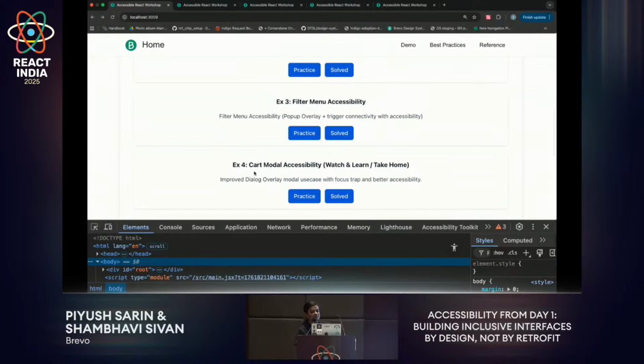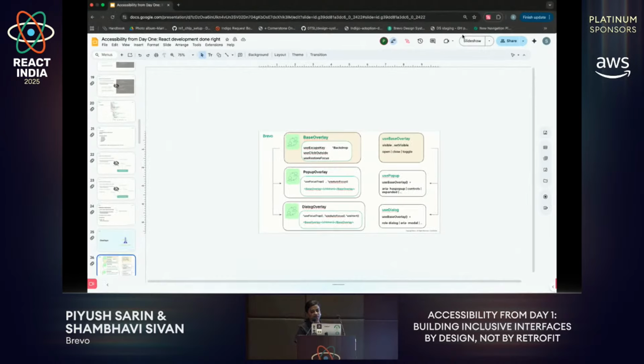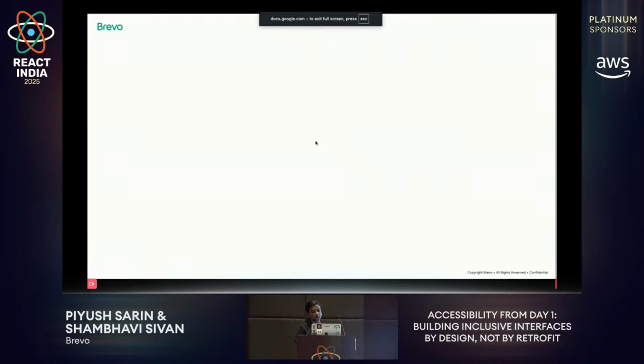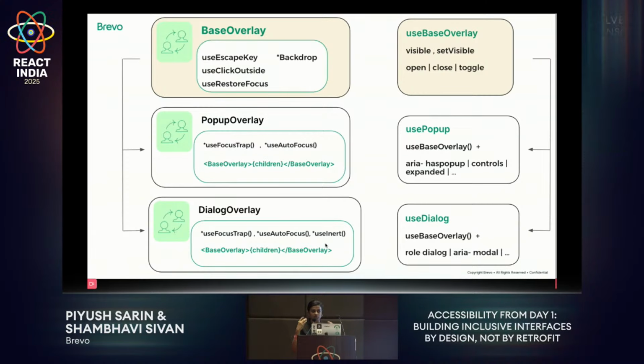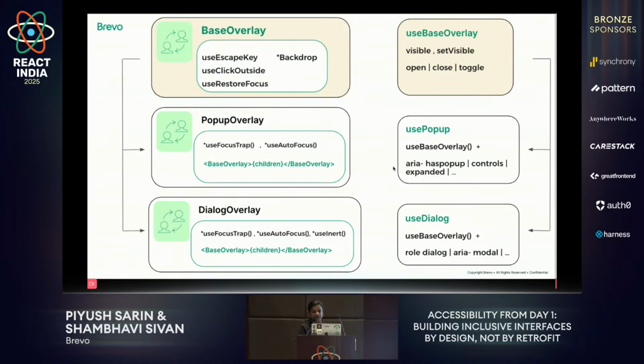So we have an exercise 4 here, okay? When I was explaining the overlay framework, if you remember, I told you about the pop-up and the dialog overlay, right? Say you have an implementation where you need to render a modal using dialog overlay. You'll do the same 3 steps that you did in the case of a pop-up. Instead of pop-up, you'll call the dialog overlay. Instead of use pop-up, you'll call the use dialog.